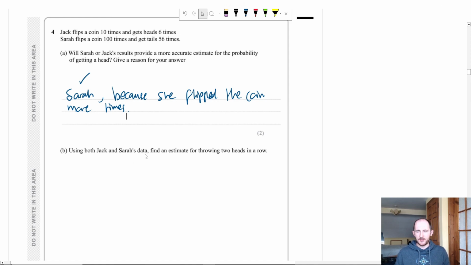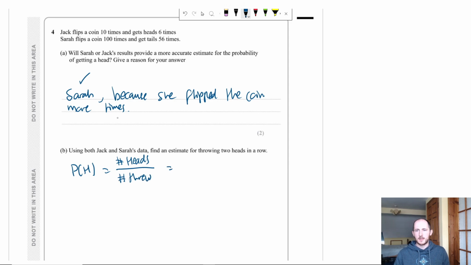Using both Jack and Sarah's data, find an estimate for throwing 2 heads in a row. So what we need to do for that is we need to work out the probability of getting heads, right? And it says using both of their data. Now that's quite lucky for us. So all we need to do is work out the number of times they got heads over the number of times they threw it.